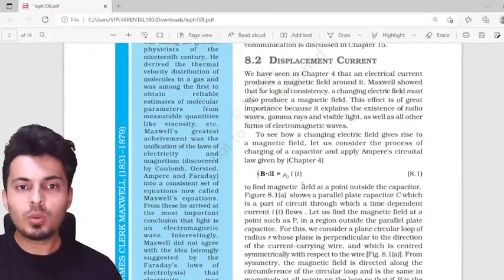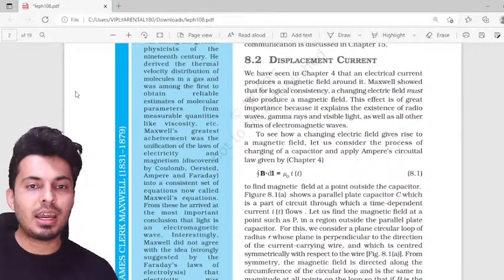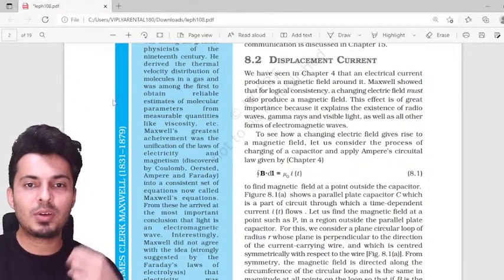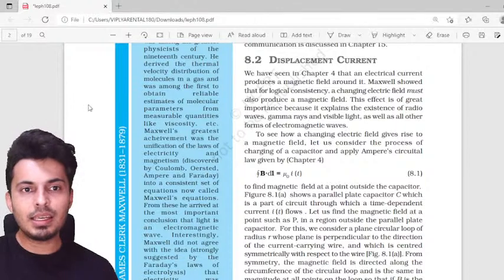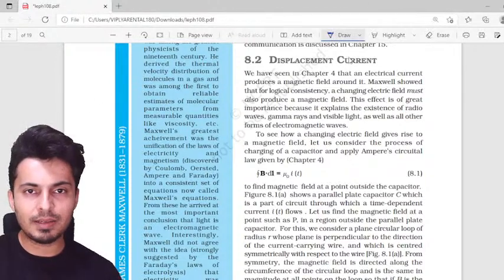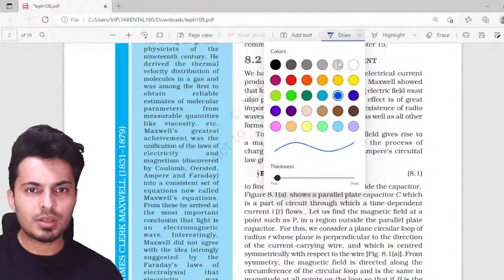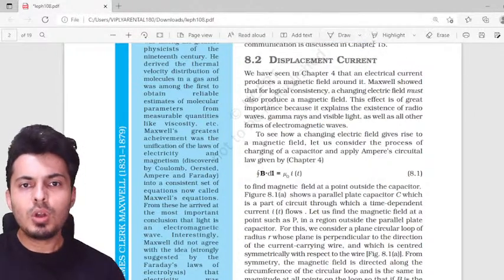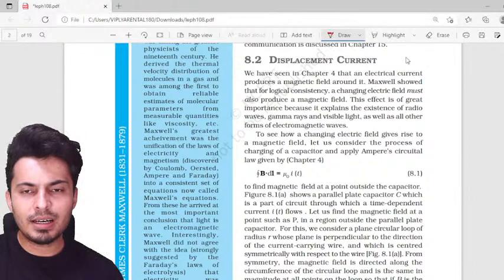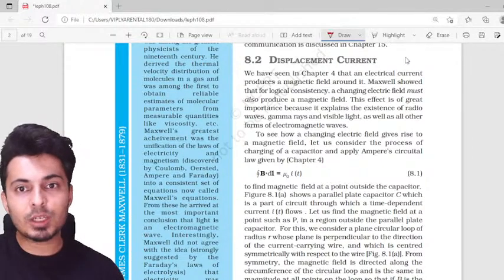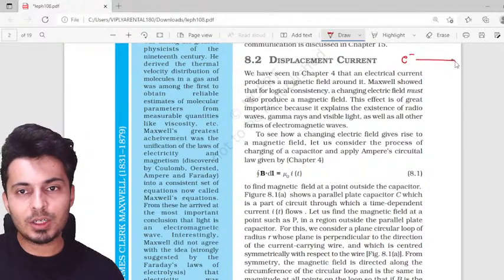Now what is this displacement current and how is it different from your normal current? See, I will tell you a simple thing. With normal current, your electrons flow. When the electrons flow, that is called conduction current.